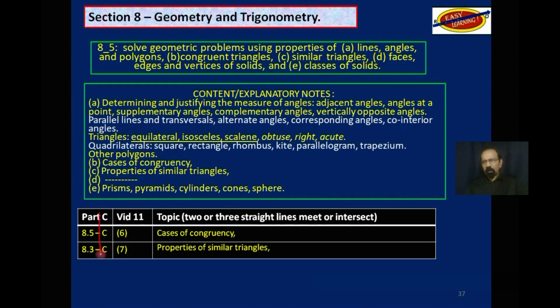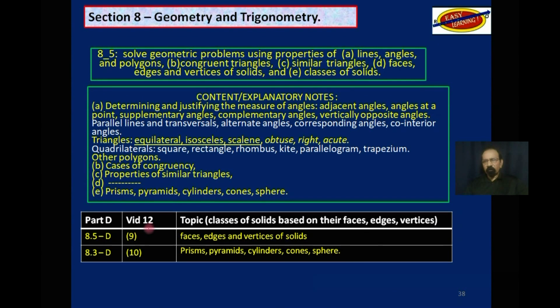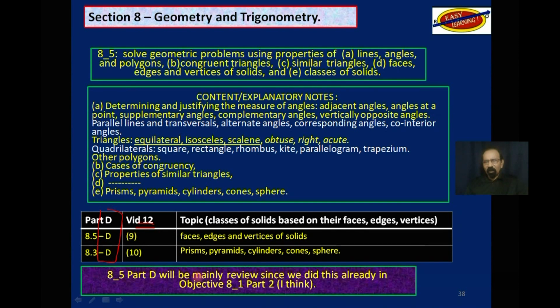Part C, which is where we are now, this is video 11. And then, of course, once we finish that, we have to do part D, which will take us to video 12 in this section. I think we already did most of part D, but we will see when we come to that in the next video.